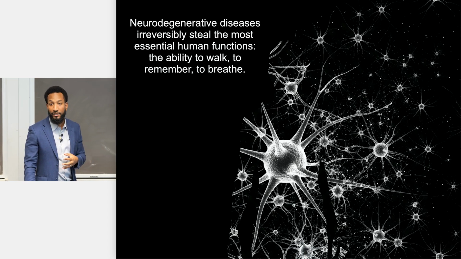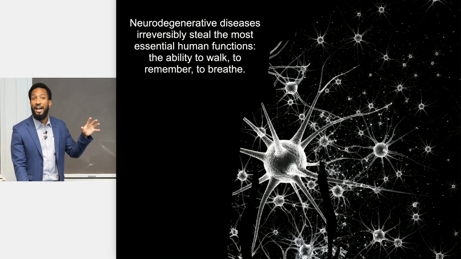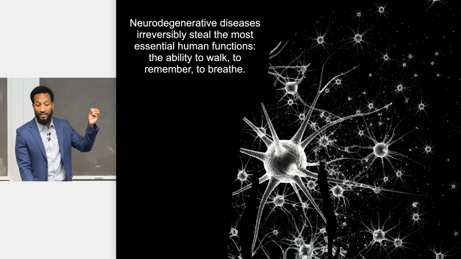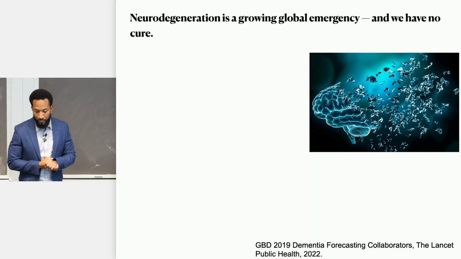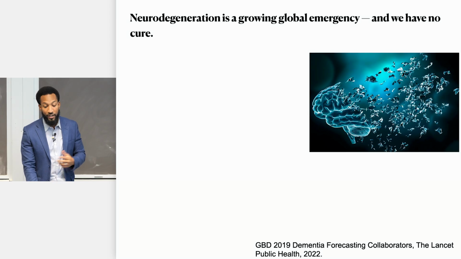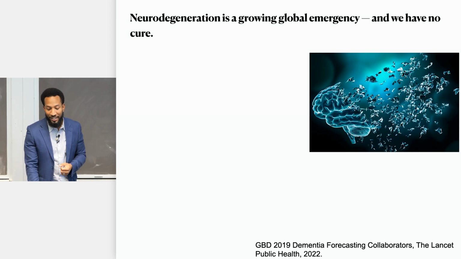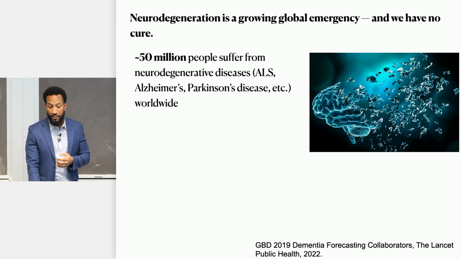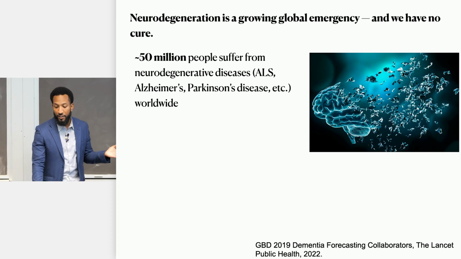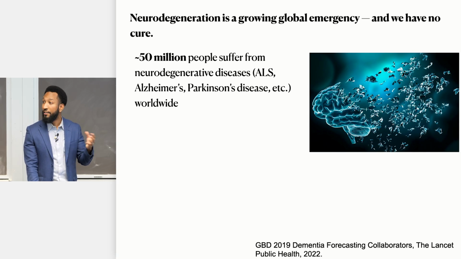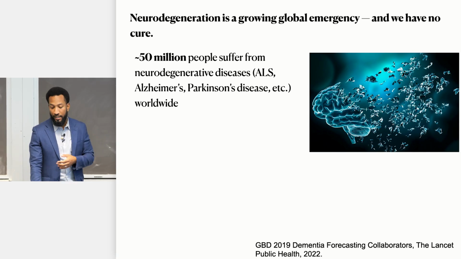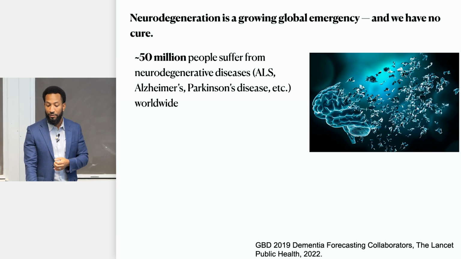But there's actually a lot of effort to try to understand how to stop these diseases through preventing these liquid droplets from forming. So for instance, we know, I mean, not that I need to tell you too much, but the idea is that neurodegeneration is a growing global emergency. Over 50 million people suffer from neurodegenerative diseases such as ALS, also known as Lou Gehrig's disease, Alzheimer's, Parkinson's, and so forth.